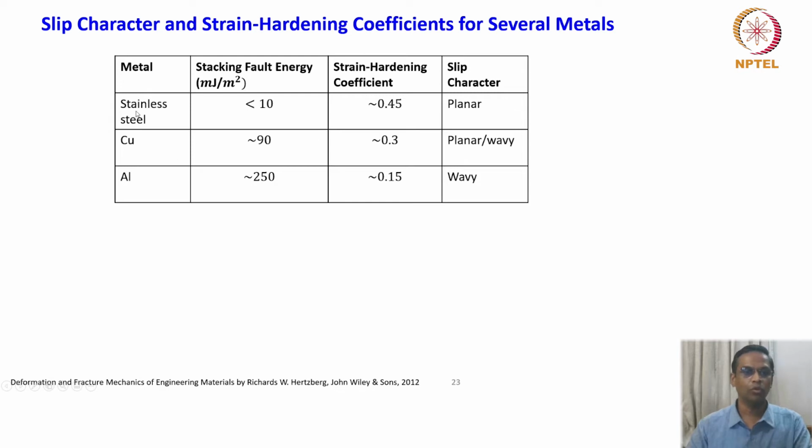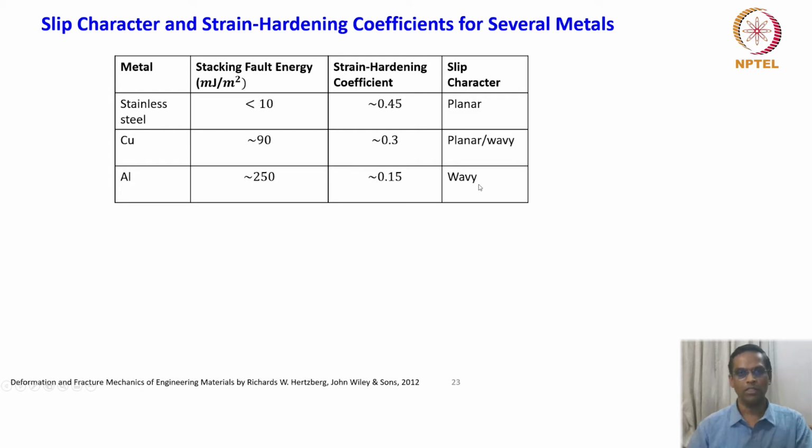Then if you go to the next metal, copper, which is having a significantly higher stacking fault energy, it has got the strain hardening coefficient of 0.3, and the slip character is described as planar / wavy. Finally, for aluminium, the stacking fault energy is very, very high, around 250 millijoules per meter square. For that, the strain hardening coefficient is 0.15, and the slip characteristic is designated as wavy.